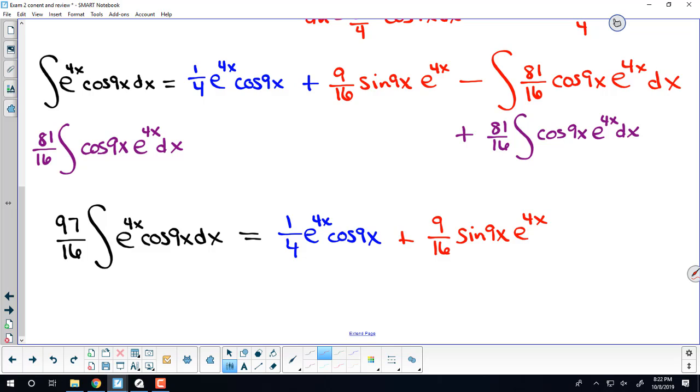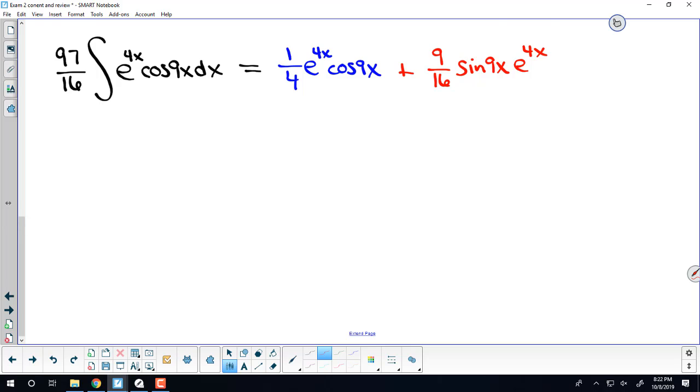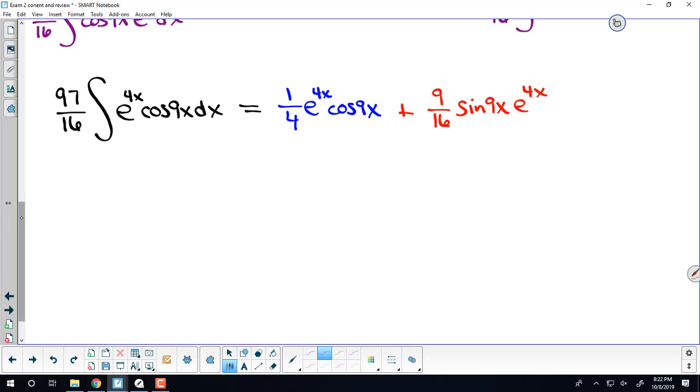And then we just want to solve for the integral itself. So we're going to multiply through by 16 over 97. 16 over 4 is going to give us 4.